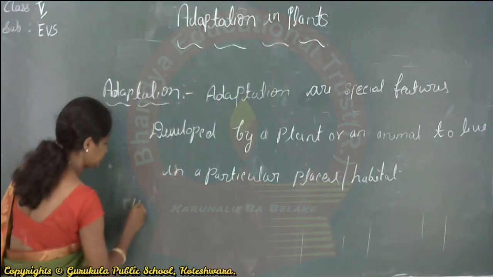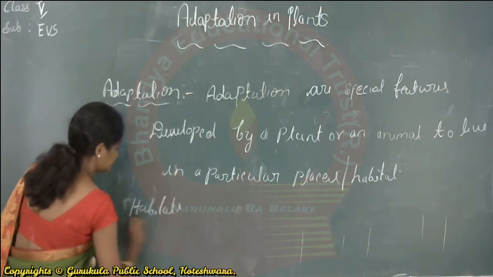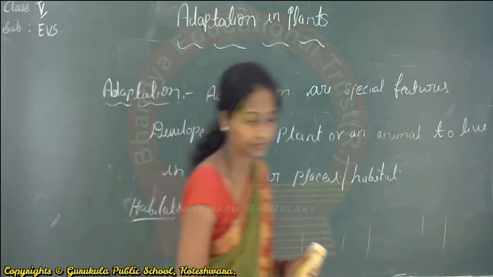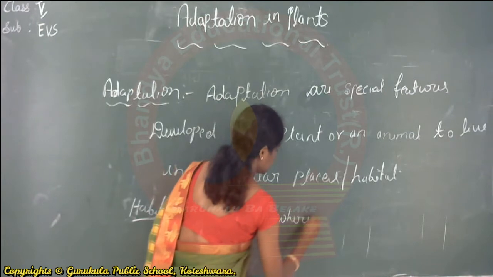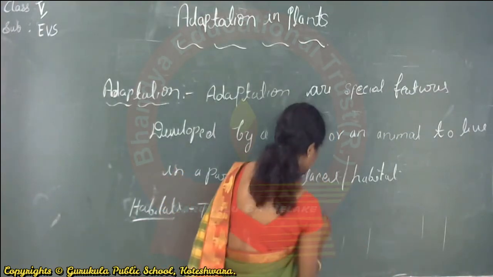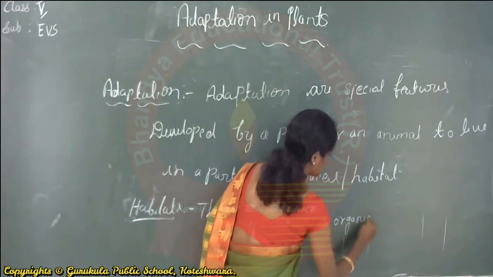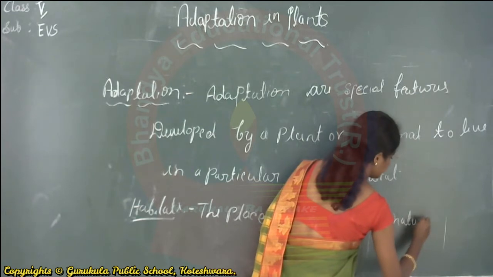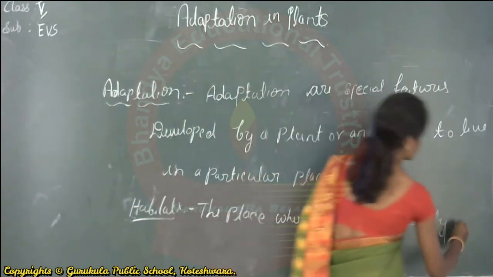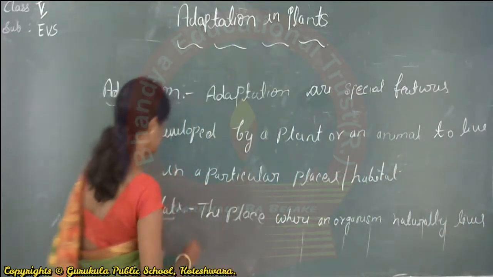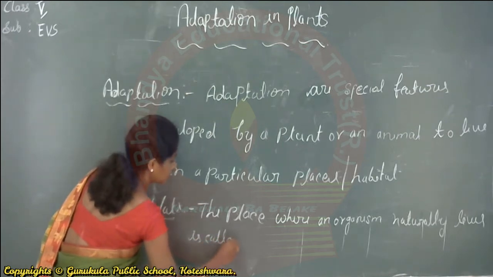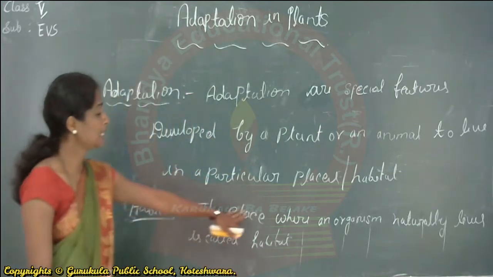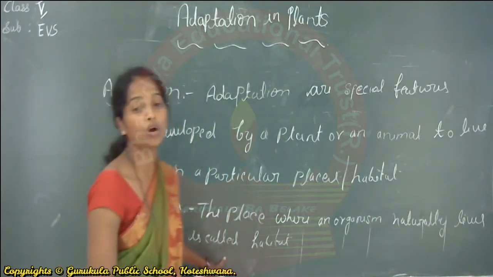What is habitat? The place where an organism naturally lives is called habitat.